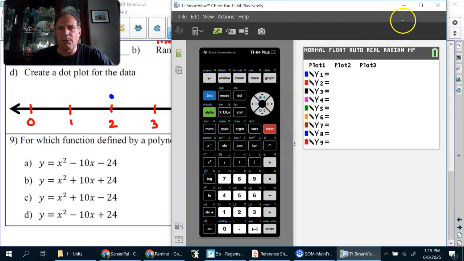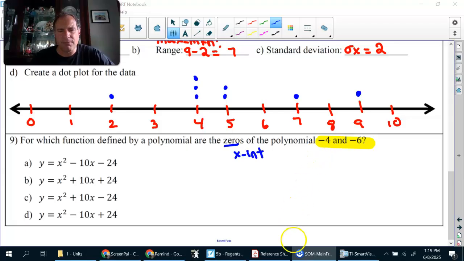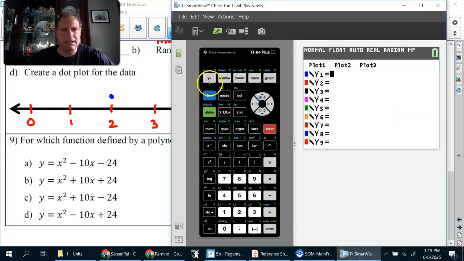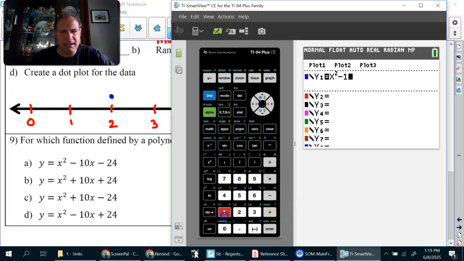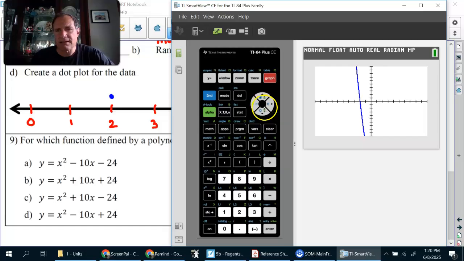We're looking for -4 and -6 to be the x-intercepts, the zeros. x squared minus 10x minus 24, and we're going to press graph. That is -2, and I didn't even see it come up on the other side.